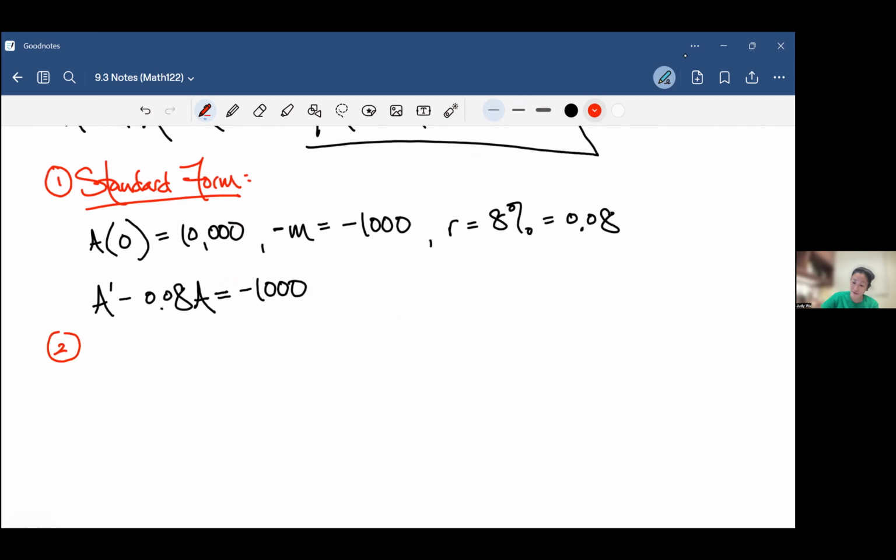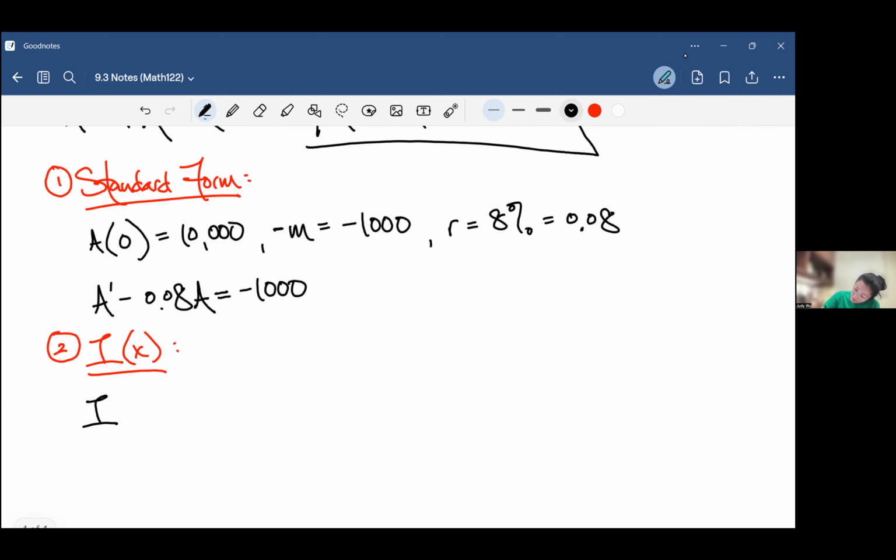Now that we've got our standard form, we're going to treat this like every other question we've worked on. We're going to find the integrating factor. We're going to multiply that integrating factor across. We're going to use the idea of the product rule to help us get our A all by itself. So let's find our integrating factor.